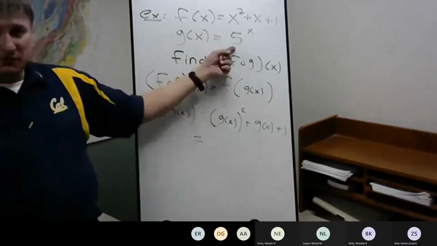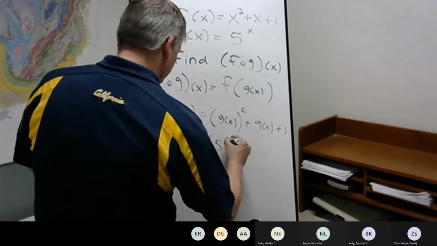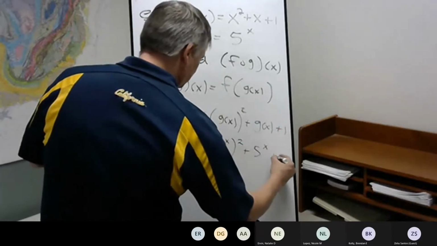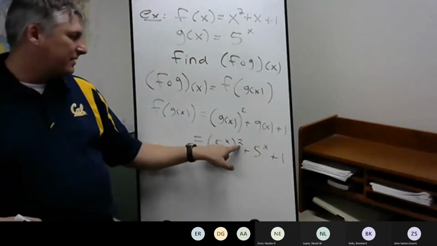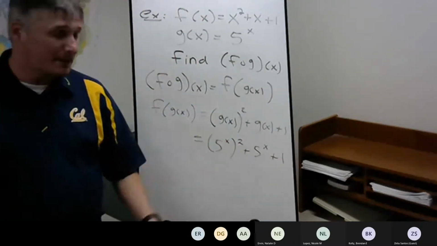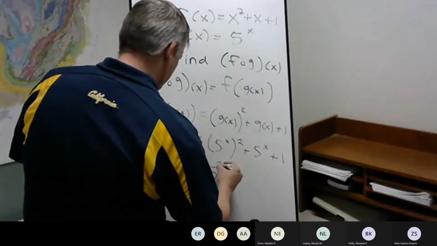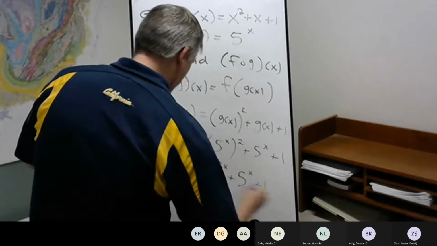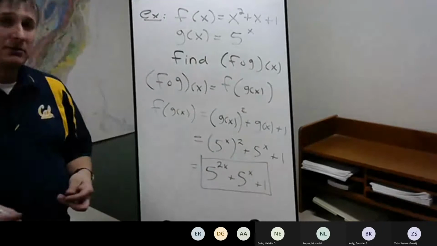Now, g of x is 5 to the x. And then with an exponent on the outside here, the exponents multiply. And that's going to be your answer.